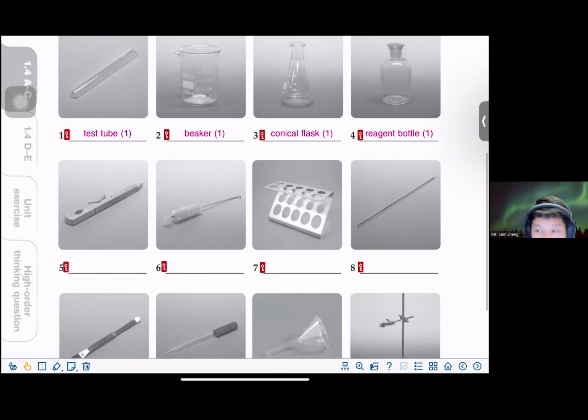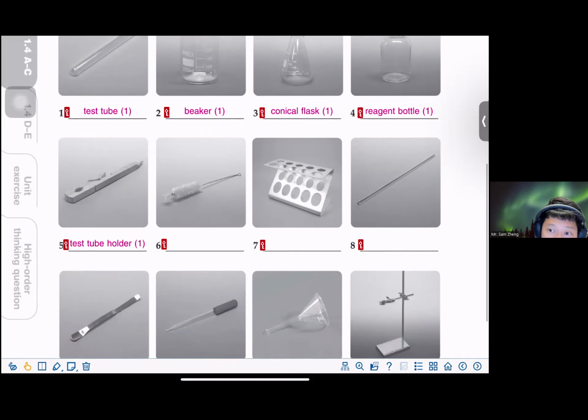Next, here we have the wooden clip, and this wooden clip would be what we call the test tube holder. And if it is a brush shape, it would be the test tube brush. Then if we see there is a metal stand for us to place the test tubes, this would be what we call the test tube rack.